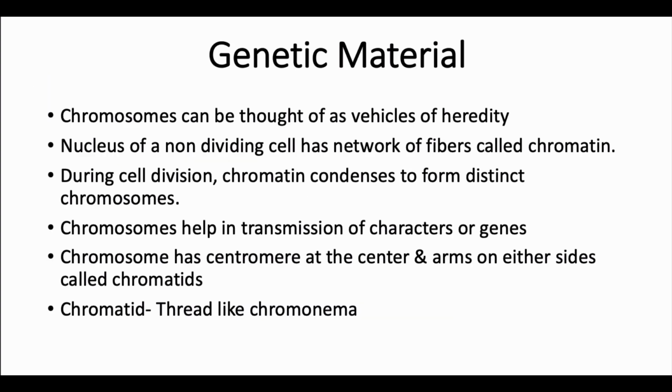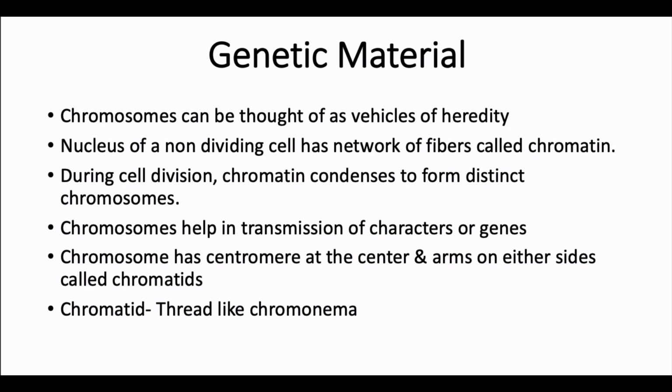As I had mentioned, the nucleus of a non-dividing cell will have a network of these fibers that we call chromatin. During cell division, that chromatin condenses to form these very distinct chromosomes. If you look at human DNA, you see all these little X-shaped structures.